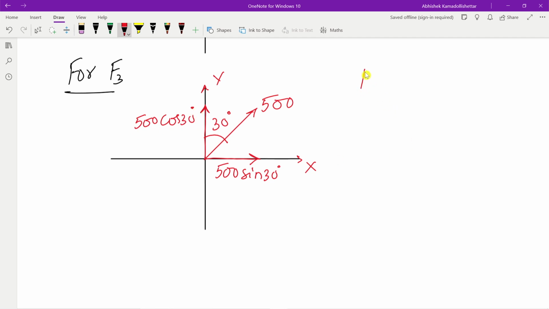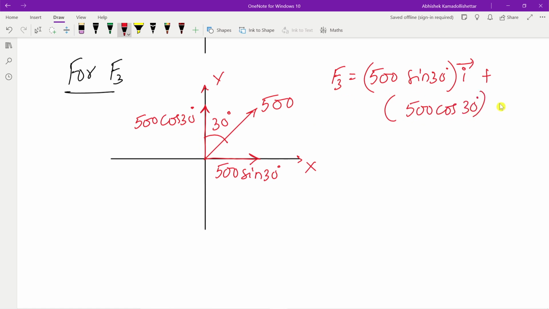So for the force F3, I'll write it from the beginning here so that I have more space. The x-axis component is 500 sine 30 degrees into vector i, plus, in the positive y-axis, 500 cos 30 degrees into vector j.